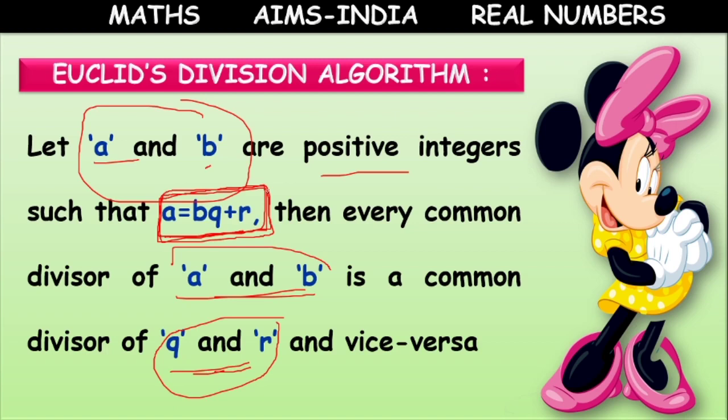If A and B are positive integers and they have a common divisor, that common divisor will also be the common divisor for the other two variables, Q and R. This we are going to prove in this Euclid's division algorithm.